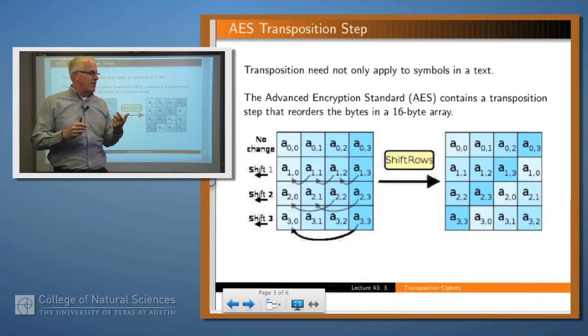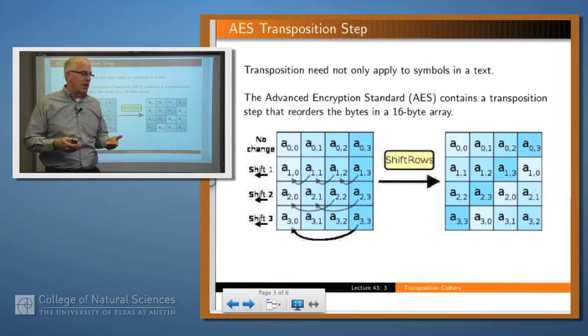It shifts the first row by no amount, the second row by 1 space, the third row by 2 spaces, and then the fourth row by 3 spaces, right? And so you can see the result there. And that by itself wouldn't be a very strong cipher, but it's used in concert with other steps.